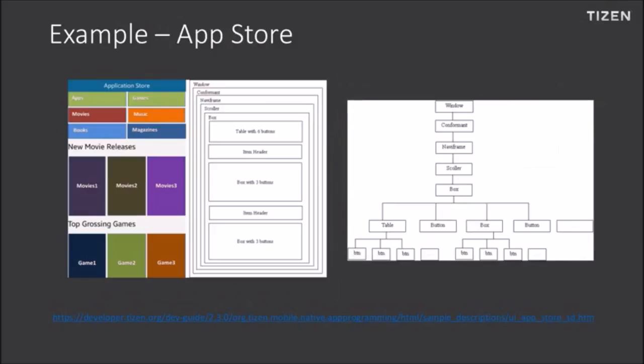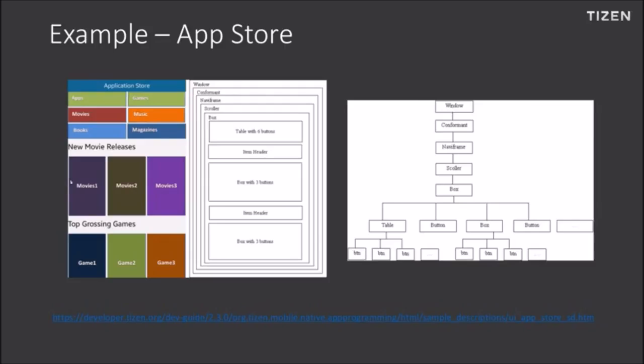Next, here is an App Store sample application. This application shows how to create the UI of an app which looks like this. As you can see, there is a lot of content, so you need to scroll down to see more.